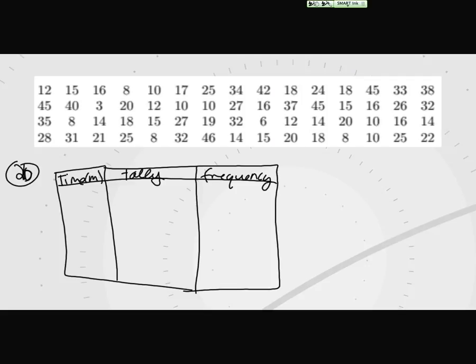And you'll notice that they divided the time into even intervals for you. So 0 to 9, 10 to 19, 20 to 29, 30 to 39, and 40 to 49.